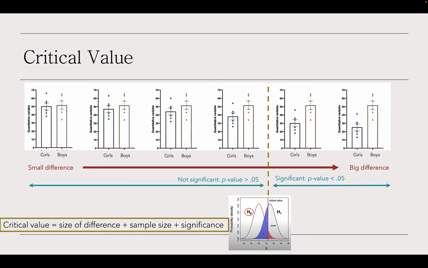Sample size, the larger of a sample that we grab from our populations, pushes that critical value, or the gold dashed line, more to the left, all right? And the size of the difference, the more different the effect is, that also pushes the critical value to the left, much like a larger sample size.